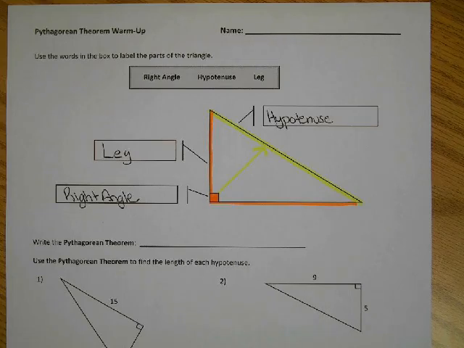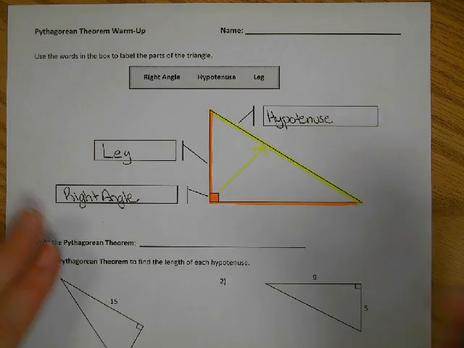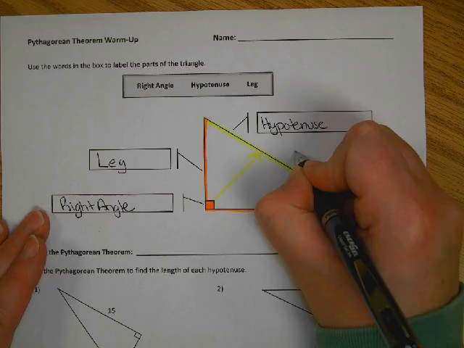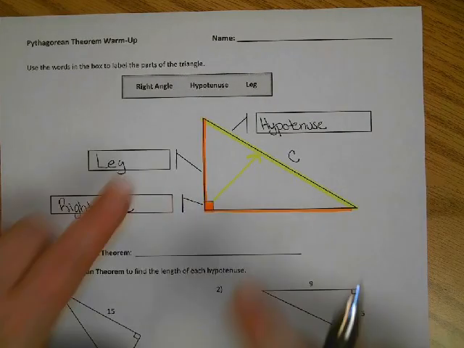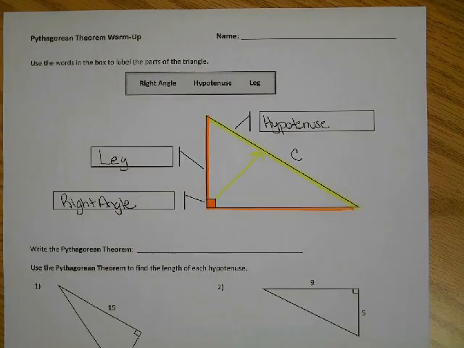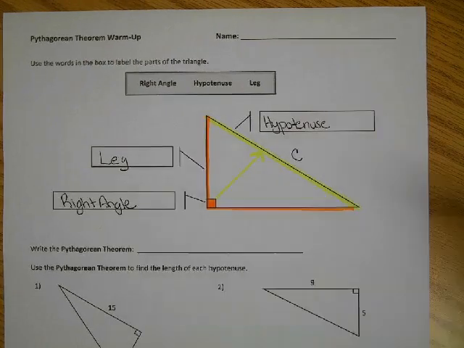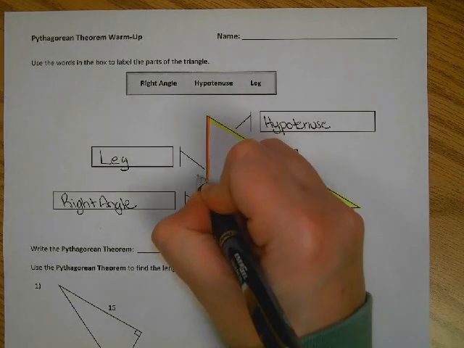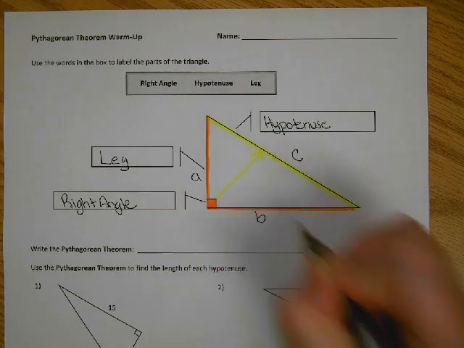When we're talking about the Pythagorean theorem, what letter did we use? C. And what were the other two? A and B. Did it matter which was which? No. So this was A and this is B.